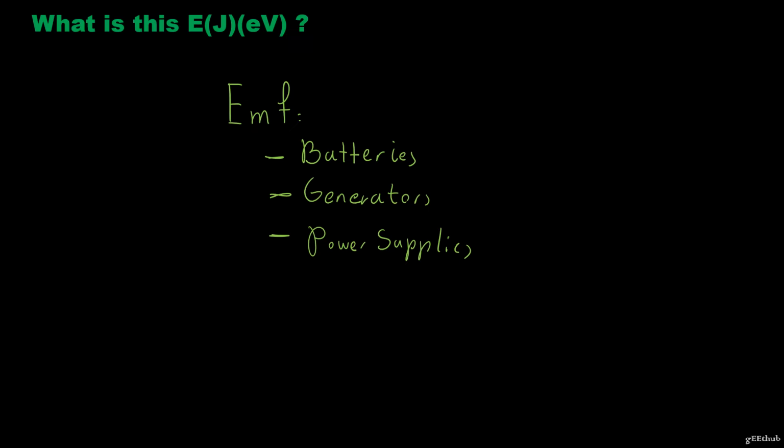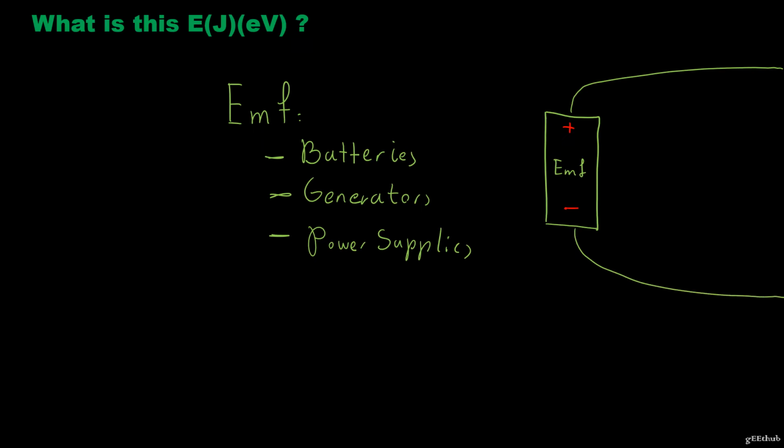So one thing to know about EMFs right now is that EMFs, say this is an EMF, they have a positive and a negative terminal. So when I connect this EMF to a circuit, let's say the circuit is somewhere and we don't care about it, but there's going to be electrons created from the negative side moving towards the positive side.